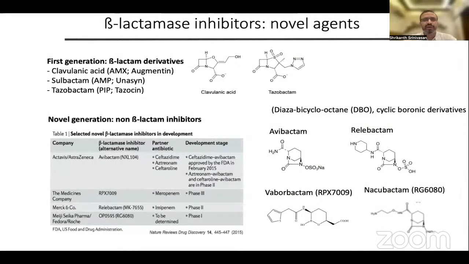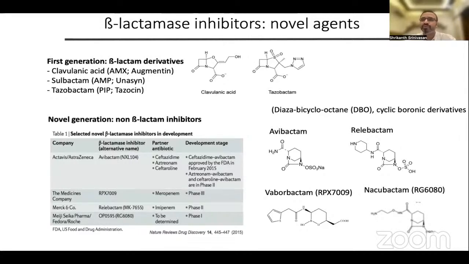Now, another focus of research has been on beta-lactamase inhibitors. So we have a beta-lactam, which is an older drug, but now we have novel beta-lactamase inhibitors. The older beta-lactamase inhibitors were clavulanic acid and tazobactam, as we saw in the previous one, ceftolozane-tazobactam. But now the research is towards newer BLIs, or beta-lactamase inhibitors, which include avibactam, relebactam, vaborbactam, and nacubactam.